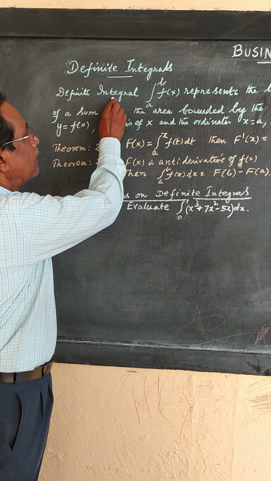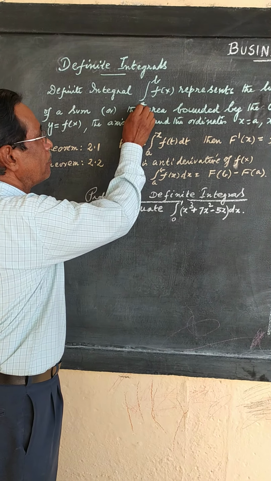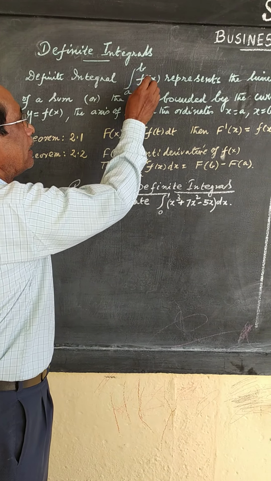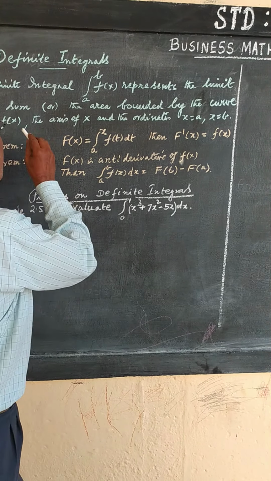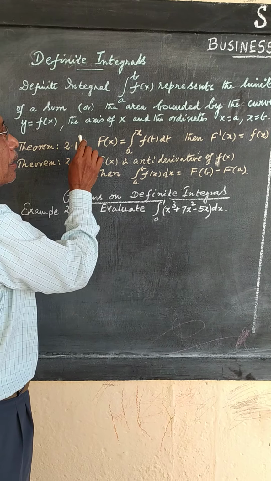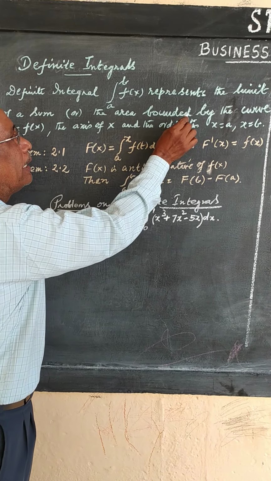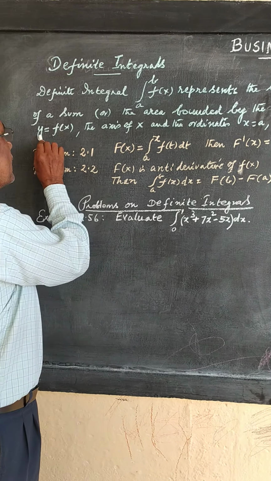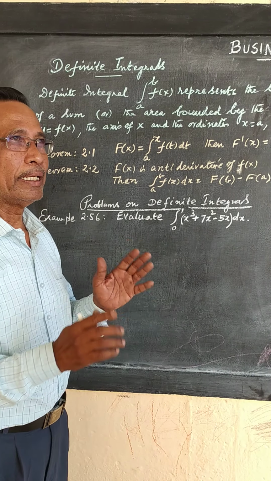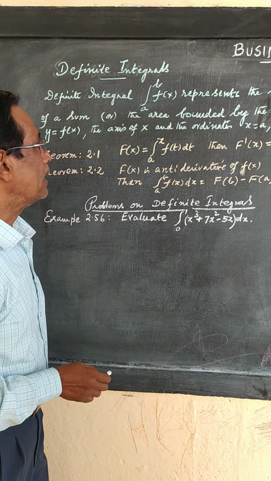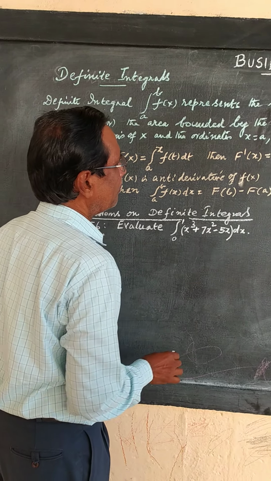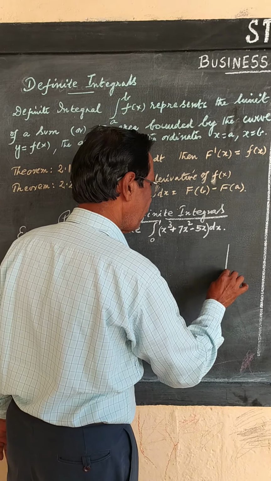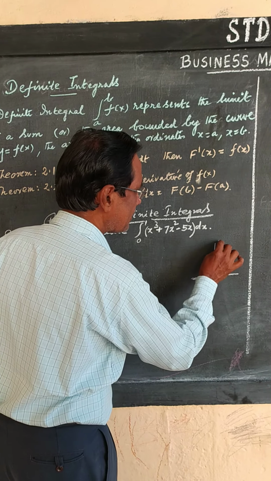Definite integral. The integral from a to b of f(x) dx represents the limit of a sum, or the area bounded by the curve y = f(x). You can call it a curve, enclosed between some axis.